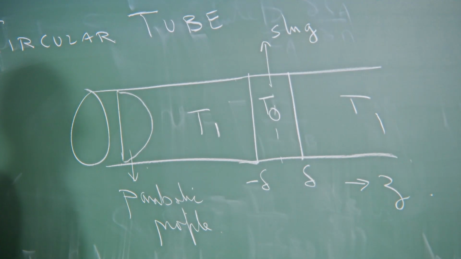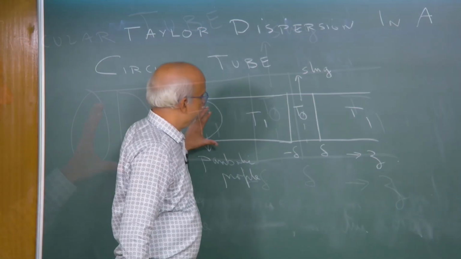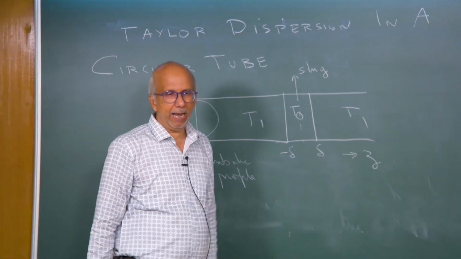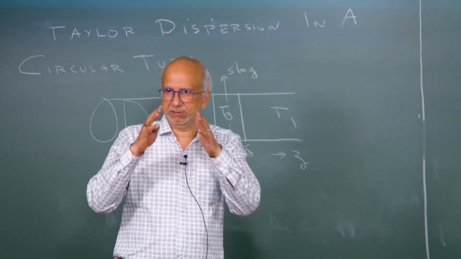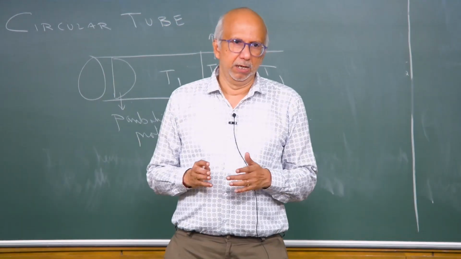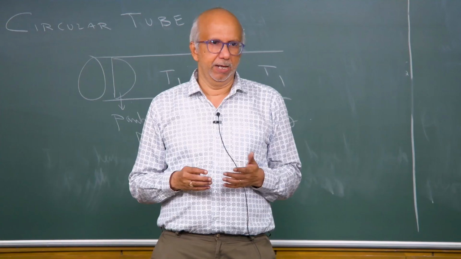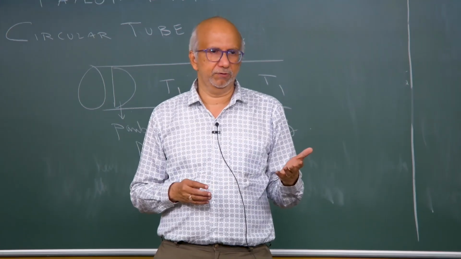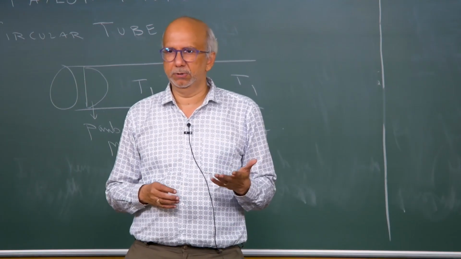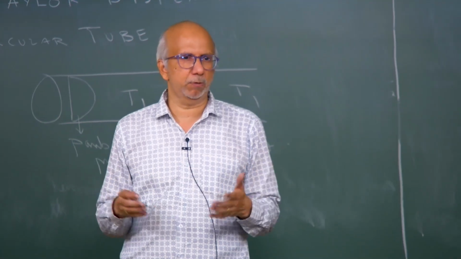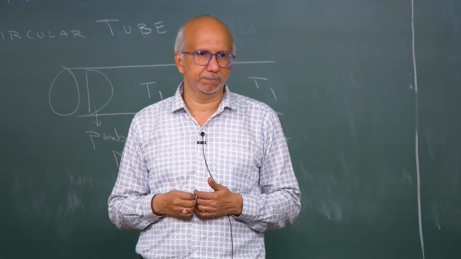And the actual problem is that there is flow occurring, and I want to find out how does the slug, how does this chunk behave because of the flow, and how does this temperature distribution. My objective is to find what is the temperature distribution, okay.